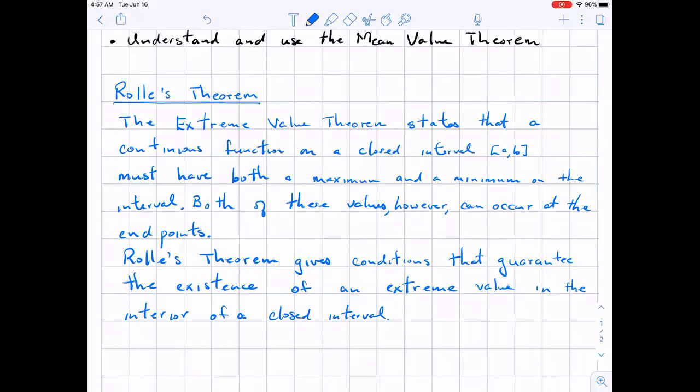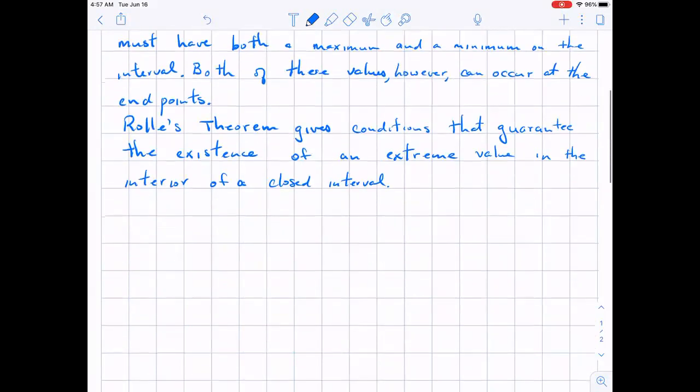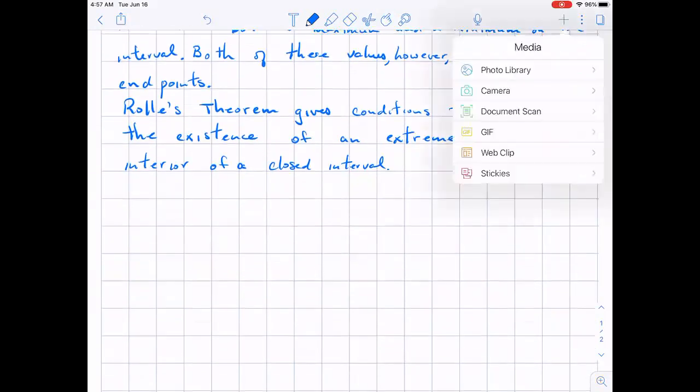Keep in mind that the maximum and minimum could be at the endpoints. Rolle's theorem gives conditions that guarantee the existence of an extreme value in the interior of a closed interval.